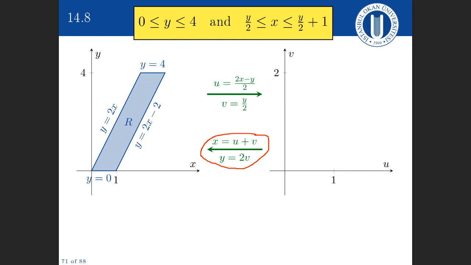That's the same as saying that x is equal to u plus v, and y is equal to 2v. Okay, so there's 4 lines we need to change.